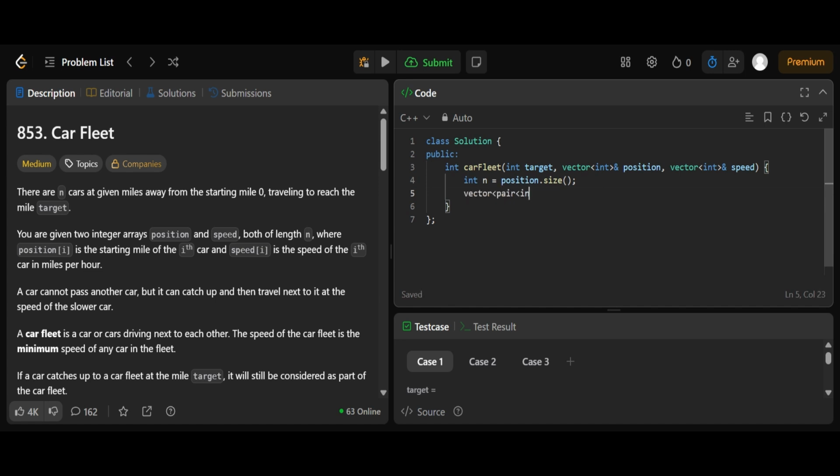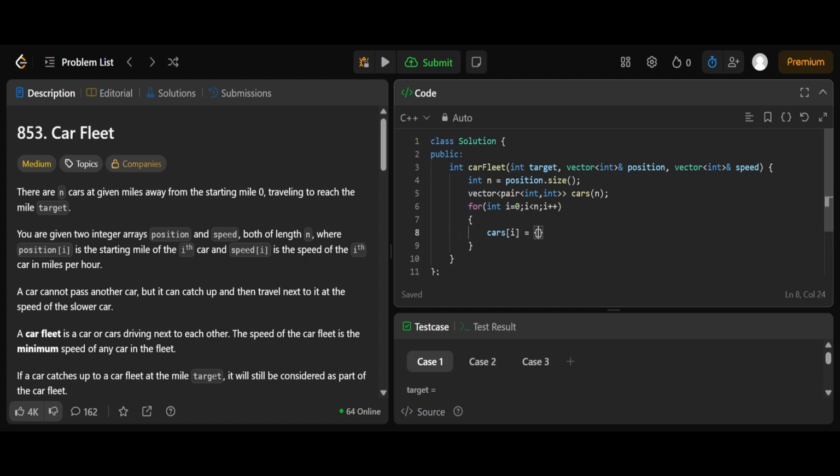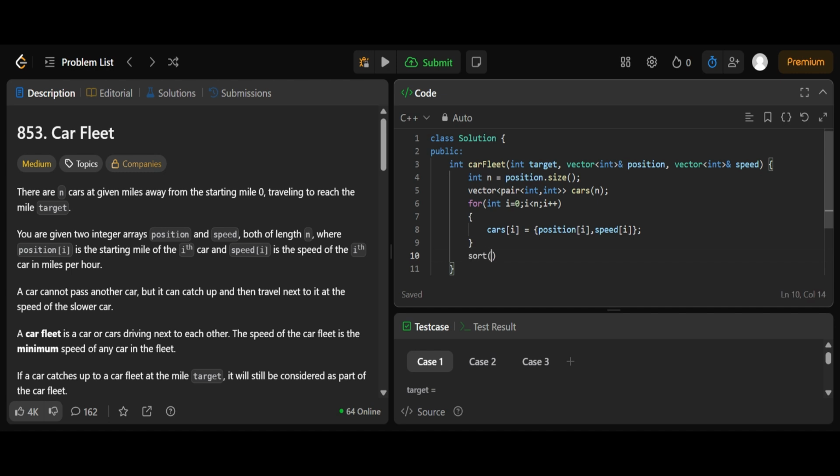So we will store the pair as cars of size n, and for int i = 0, i less than n, i plus plus, cars of i is equal to position of i and speed of i. Okay, now I can sort this cars because I want to sort it according to the position. So I'll sort.